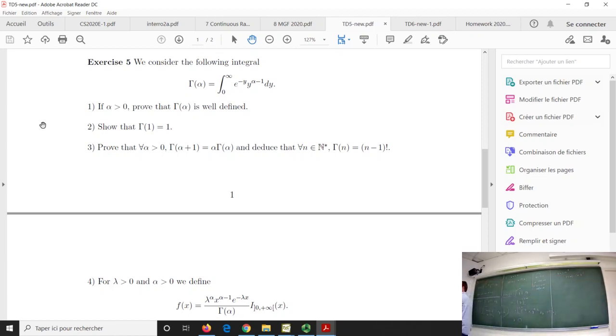It is one of the nice properties of the gamma function, that with a shift it coincides with the factorial. So you have gamma of n equal to n minus 1 factorial for any n belonging to N star.